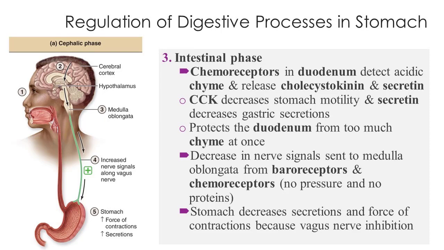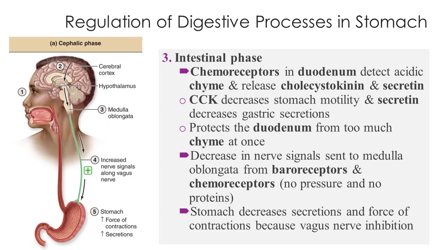Now, as we get into this intestinal phase, we're going to be feeding back information to the medulla, that digestion center. We're going to see decreased signals going to the medulla, and the medulla is like, okay, we're not feeling the pressure. We're not sensing the chemicals, and so that's going to start our parasympathetic signaling to the stomach to say, you know what?